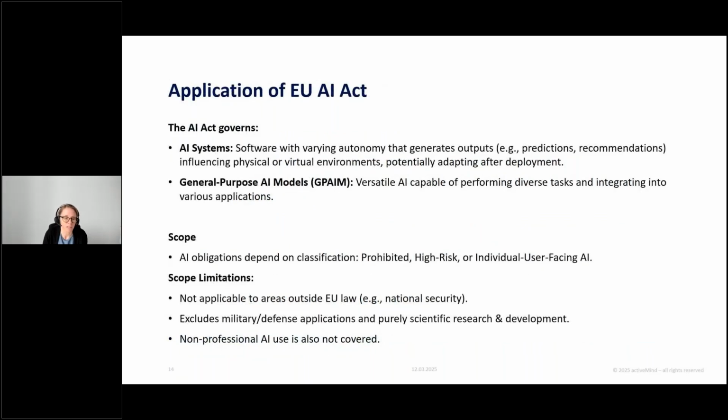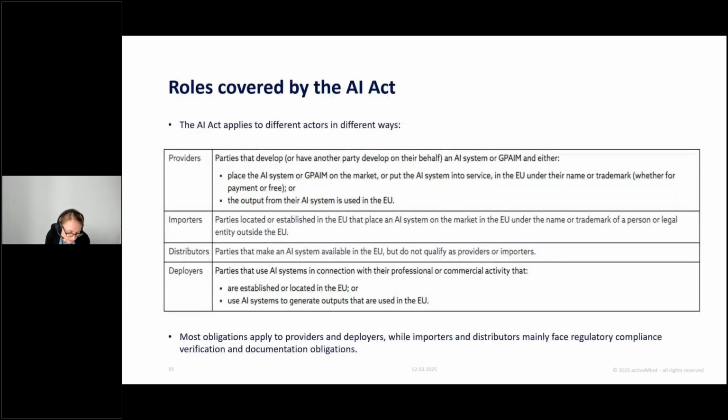So the application of the EU AI Act, there are certain roles also covered by the AI Act. The roles in the next slide are described in the slide. The AI Act applies to different actors in different ways. Let's start with the providers. A provider is a company that develops AI-based software, for example.